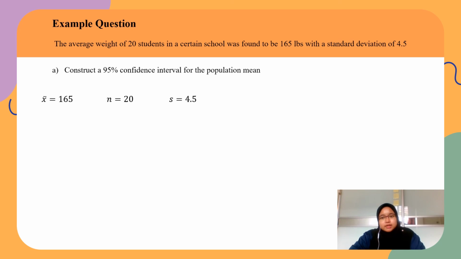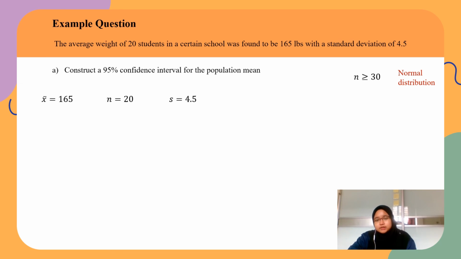We have the sample standard deviation, and that's one indication that we need to use the student's t-distribution to construct the confidence interval. But there's also something else that we need to consider as well, and that is the sample size. When n is equal or greater than 30, then it's a good indication that you want to use the normal distribution.